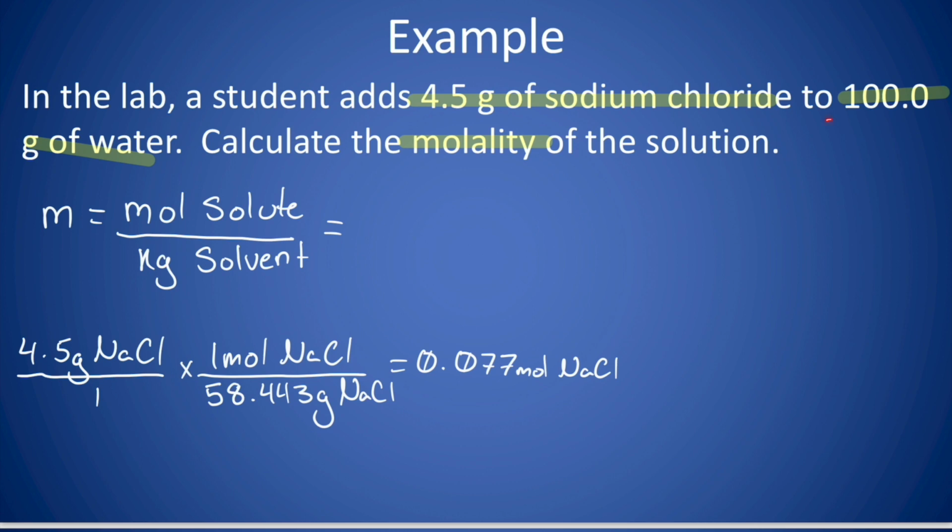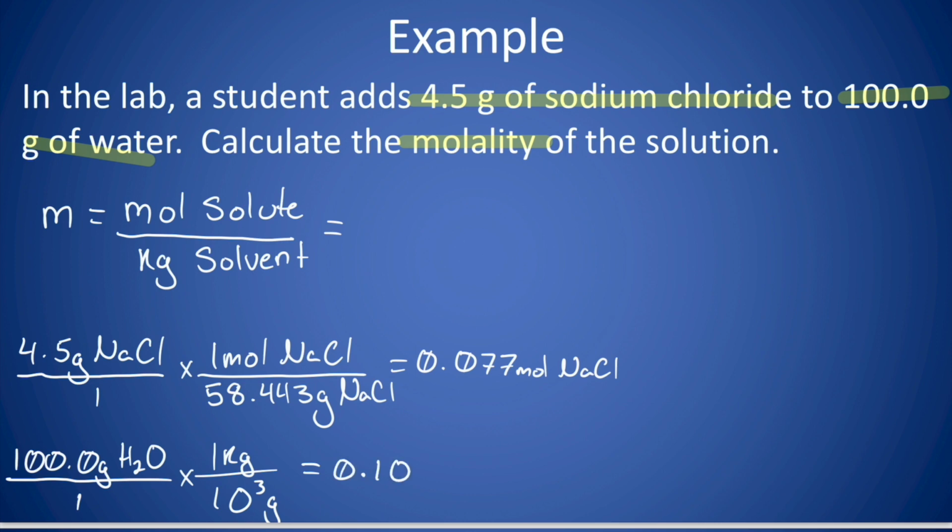Now, specifically, they're giving me my mass of solvent in grams, but I need it in kilograms. So I'm also going to have to do a basic metric conversion, right? So I've got my moles of my solute, my kilograms of my solvent. So I can put those numbers into my molality equation and solve from there.